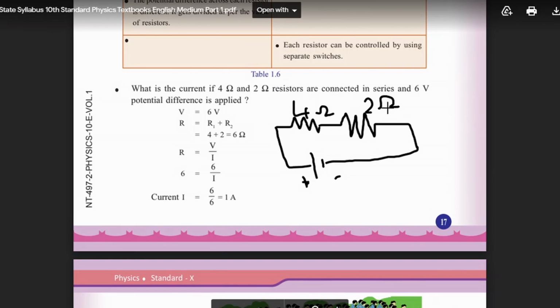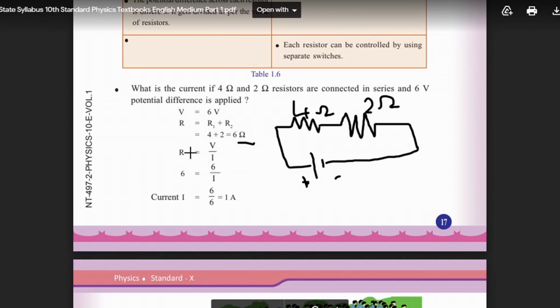Both resistors are connected in series. How to calculate the total resistance? In a series connection, the total resistance is just the sum of the resistances. That means 4 plus 2 equals 6 ohm.